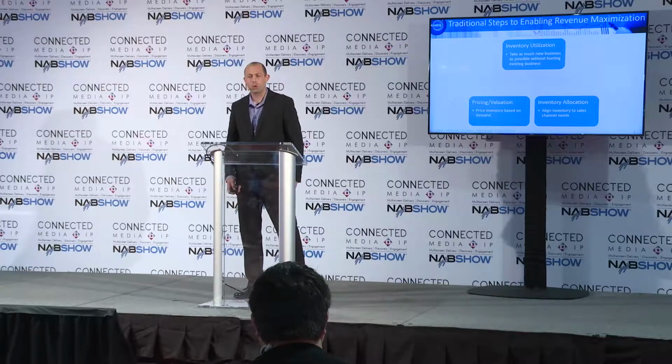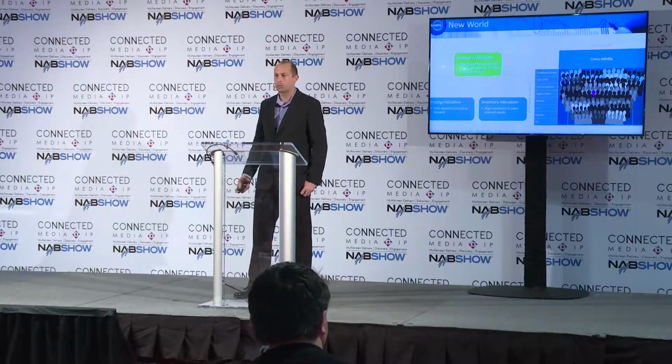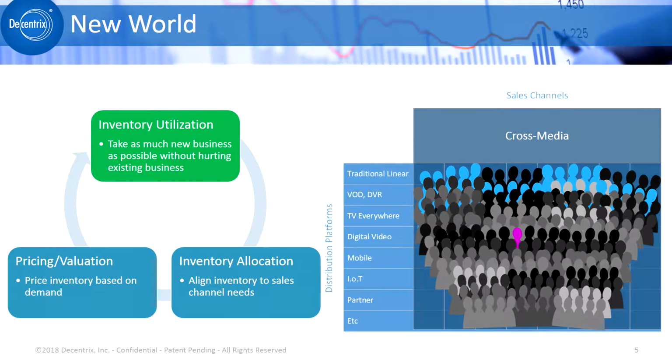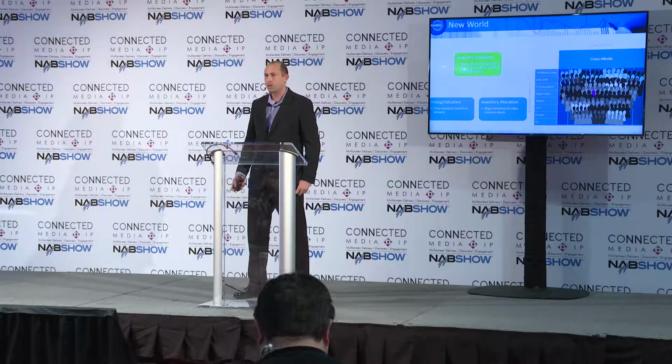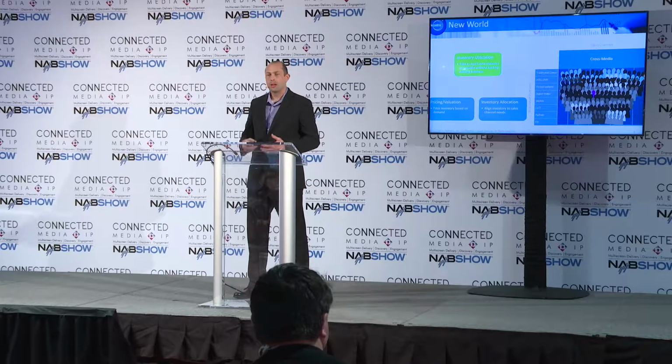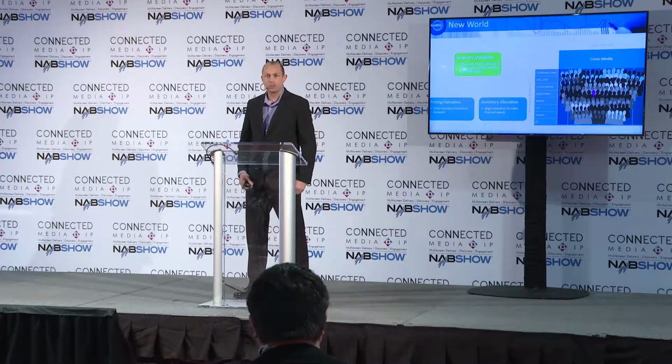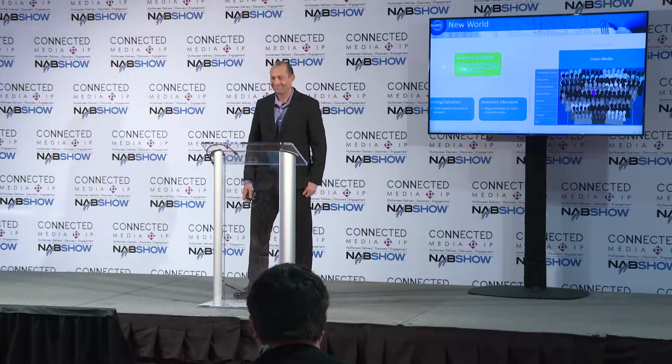But that doesn't really work when we get into the cross-media world, because the sales channels start to collapse into one large sales channel. The buyers out there are looking to purchase eyeballs. So it really transcends your traditional sales channels, and you're really trying to find out, how do you reach the right audience based on what the agency or advertiser is trying to achieve?